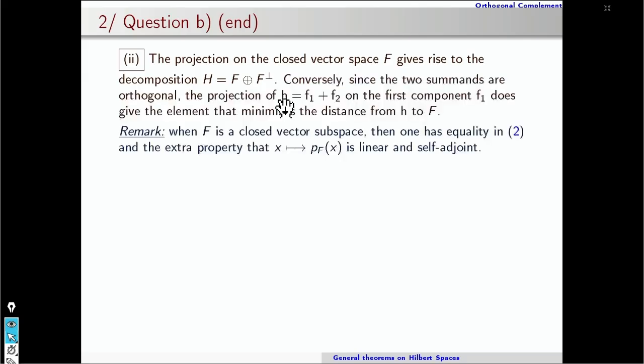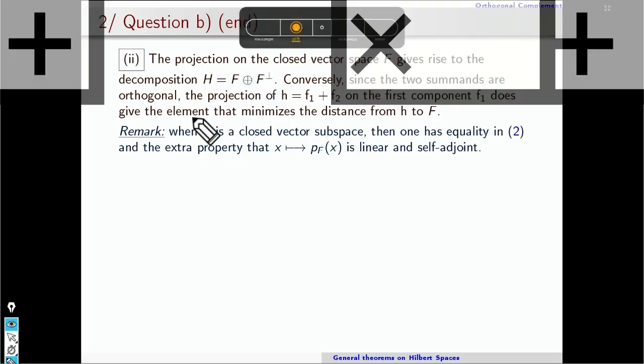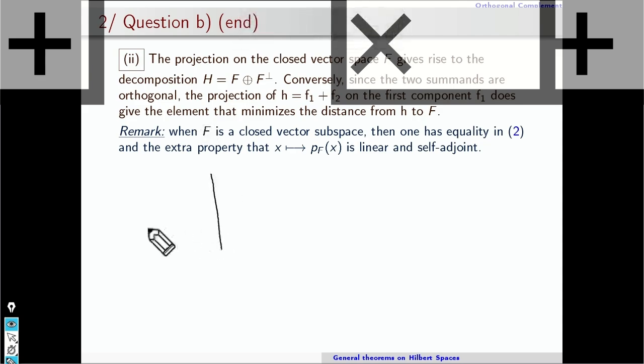But we can still notice, if we forget about this, if we just consider that we have a decomposition with two subspaces that are orthogonal to each other, then, let me represent it like this, F and F orthogonal, every element in the Hilbert space decomposes with one component in F and one component in F orthogonal.